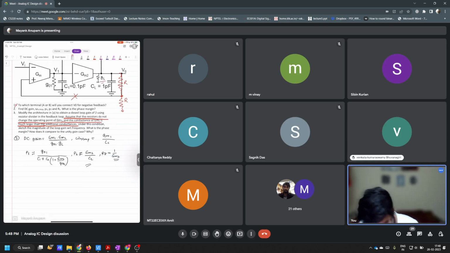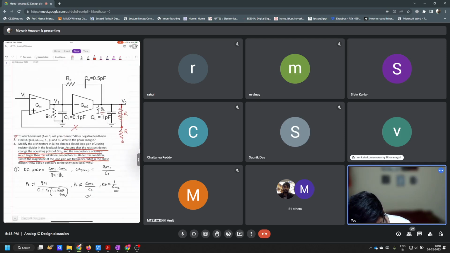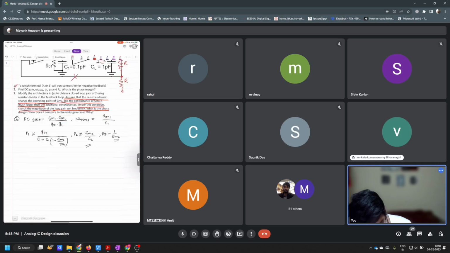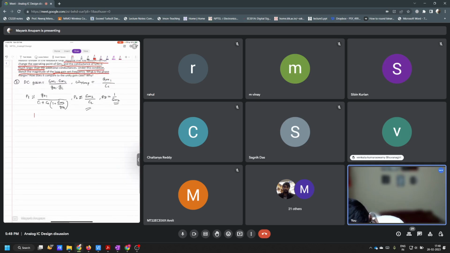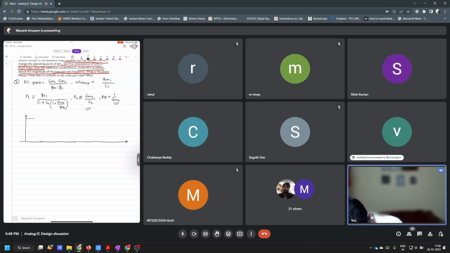Now tell me, under this condition, sketch the magnitude of the loop gain with respect to frequency. So tell me what happens to the loop gain when you do this. Earlier, what was the loop gain? Earlier the loop gain would be like this, right?